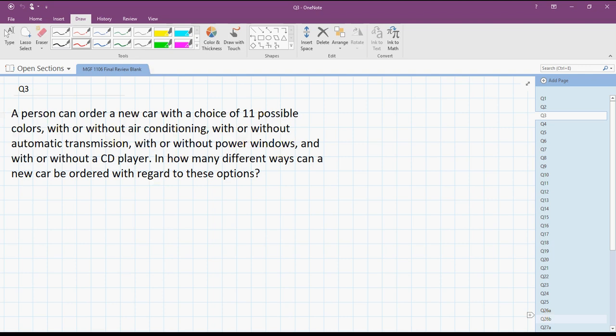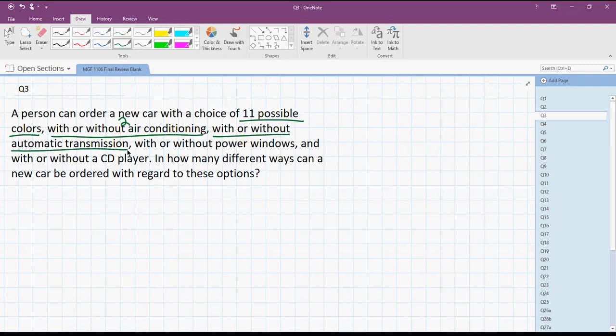So what are we dealing with here? Still more fundamental counting principle. That's right. Things in this one you've got to be careful of, there really are different options here. You've got your colors, with or without. So that's 2 options for air conditioning, with air conditioning, without. I don't know why you want to go without air conditioning.